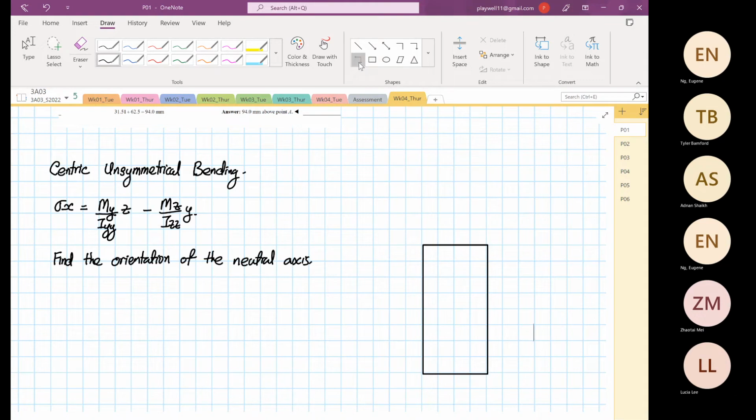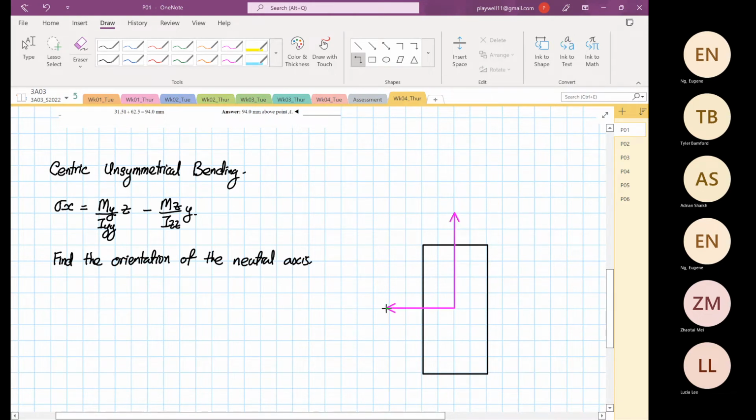And I always insist that this axis over here, the y and z, are fixed to the structure.